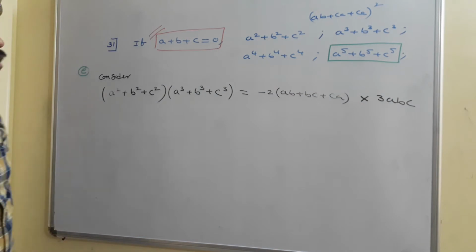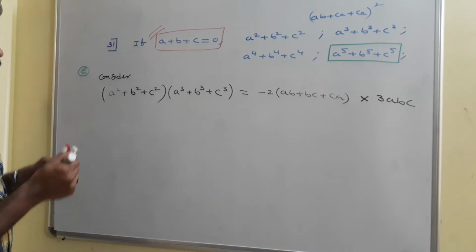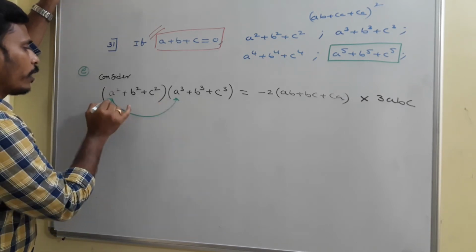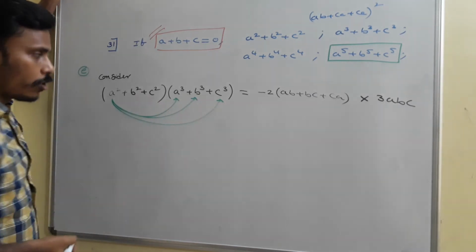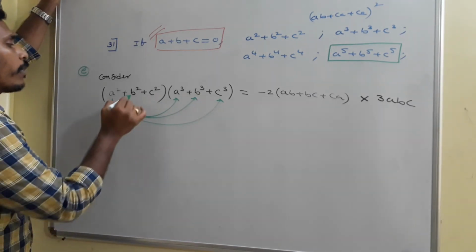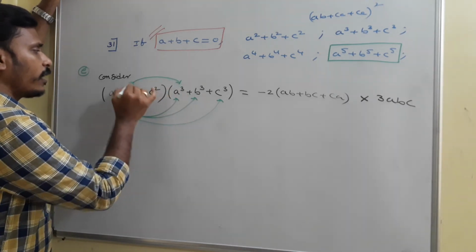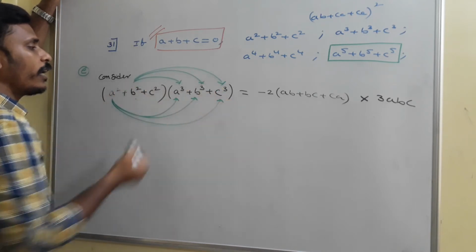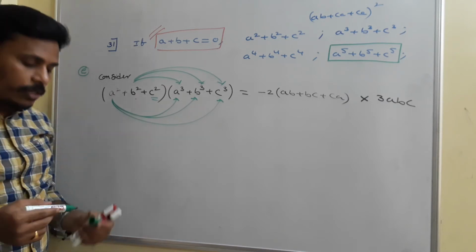Now you need to multiply both sides. In the way of multiplication: a square into a cube, a square into b cube, a square into c cube, and then start with b square: b square into a cube, b square into b cube, b square into c cube, and then you need to think about c square along with these 3 terms.